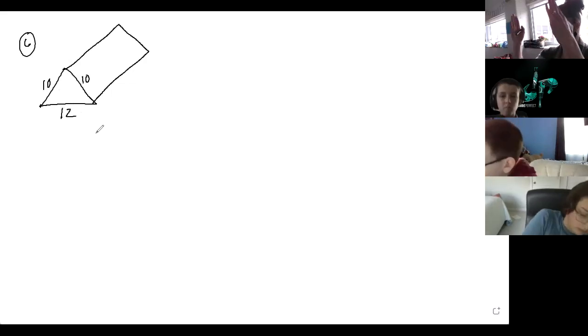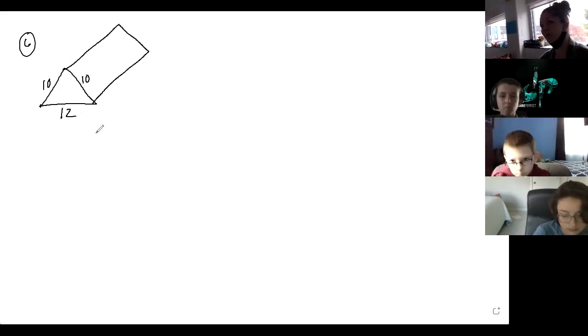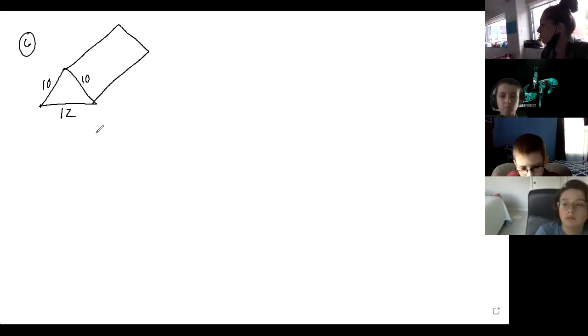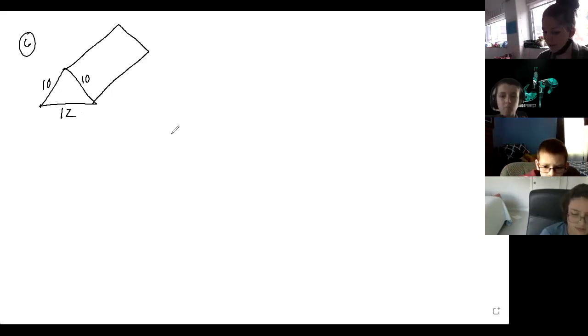So when you unfold it, the rectangle on the left and the right are going to have a width of 10, but the rectangle in the middle is going to have a width of what? 12. So the ones on the flaps are going to be the same, but the one in the middle is going to be different. So that's something to be careful about when you're unwrapping this net.